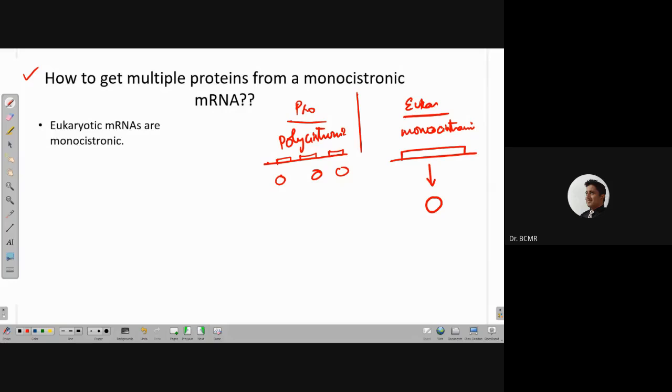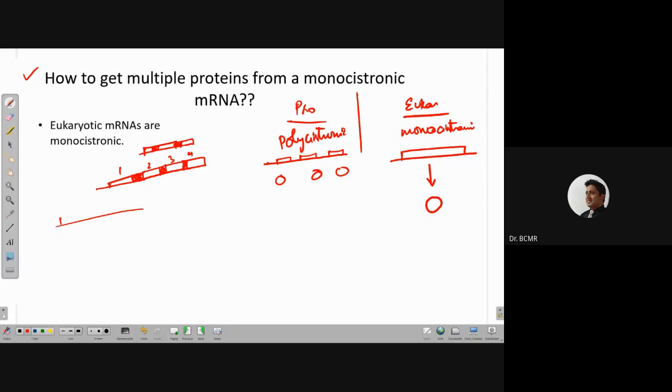So I was talking about polycistronic and monocistronic. In the majority of your videos, you have been given an explanation like this. The gene will give rise to transcription, and in eukaryotes you have introns and exons. The open reading frame will have the introns removed and generate exons.